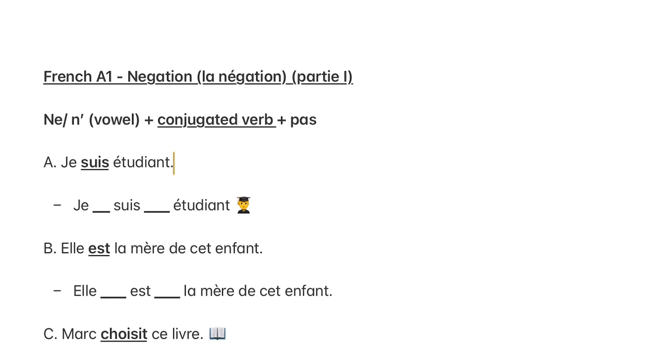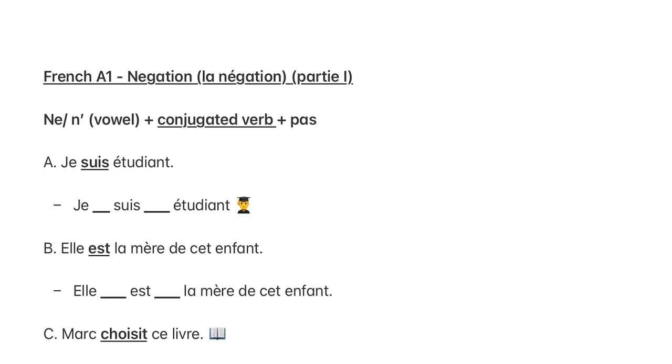Je suis étudiant, which means I am a student. In this sentence, our focus is on the conjugated verb, that is suis, which comes from the verb être, that means to be.